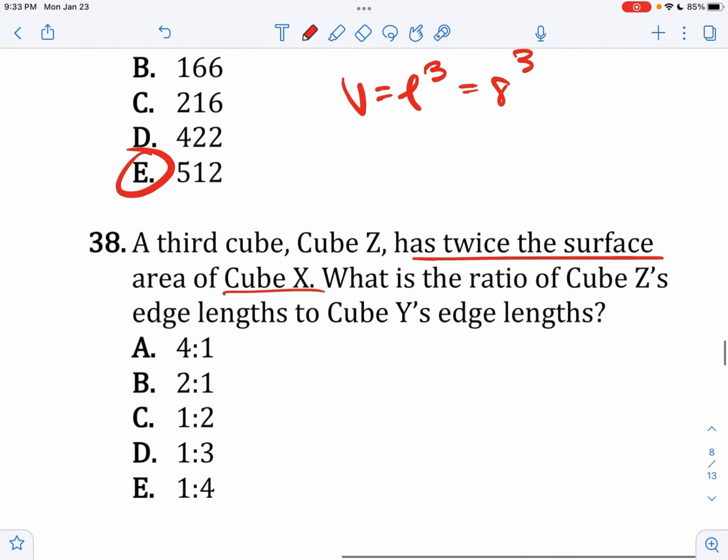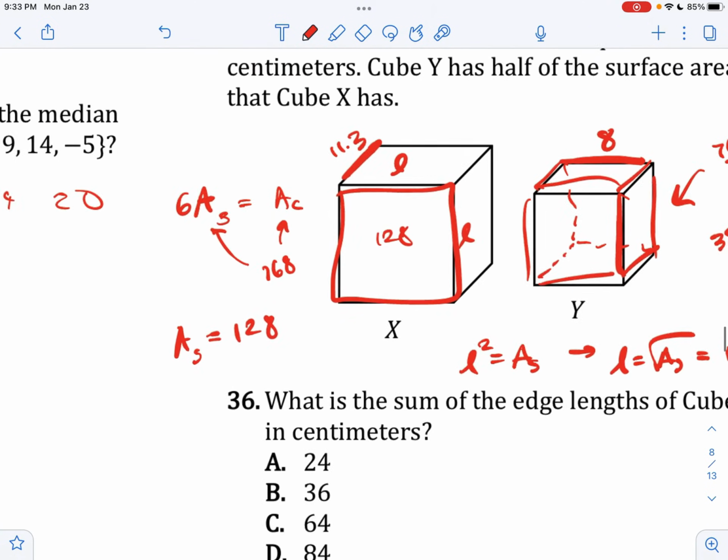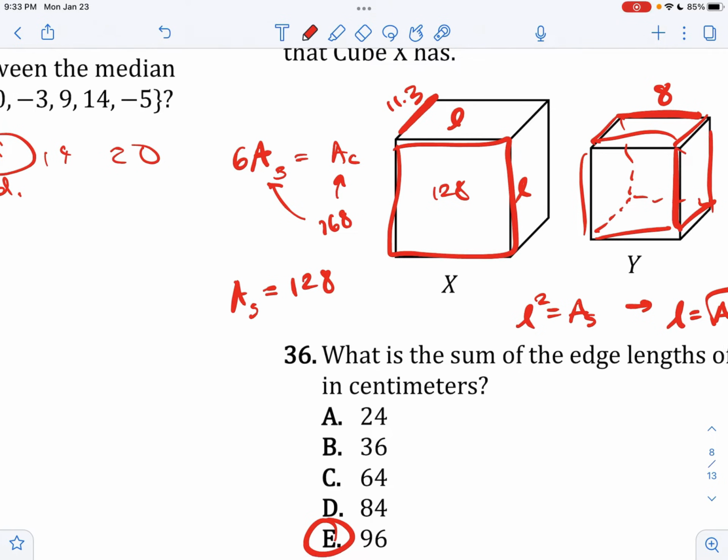So the surface area is going to be, instead of 768, it'll be 768 times 2, 1536, and then divide that by 6. You end up getting the area of each square. So you get 256. Take the square root then, you end up getting 16, you should get 16, okay?